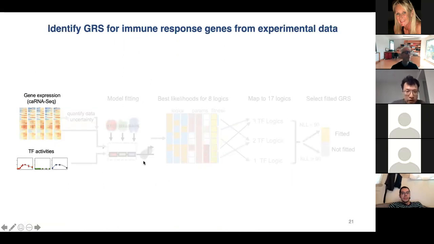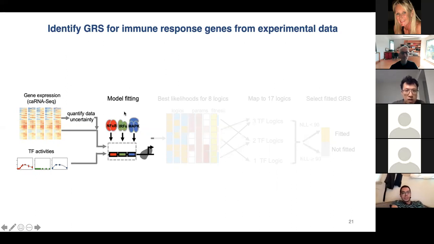Therefore, we applied the computational framework we developed to the data we have collected, in this workflow. We have the gene expression data from chromatin-associated RNA-seq, and we have TF activities, and we have quantified the data uncertainty for the chromatin-associated RNA-seq.